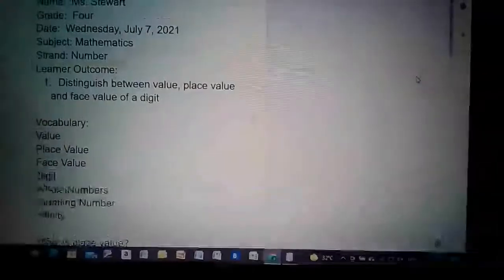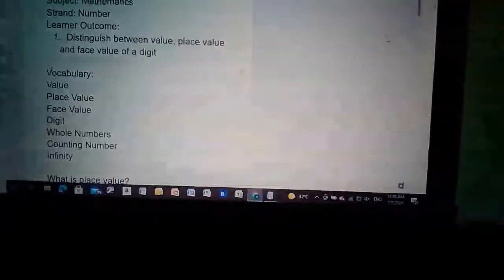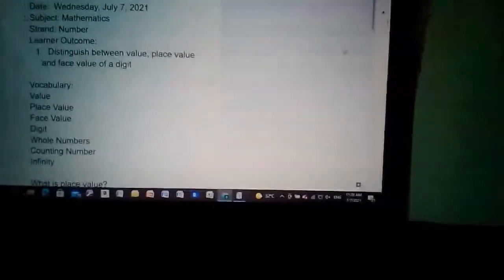I want you to tell me the difference between value, place value, and face value. Before we look into that, let us look back at our vocabulary.